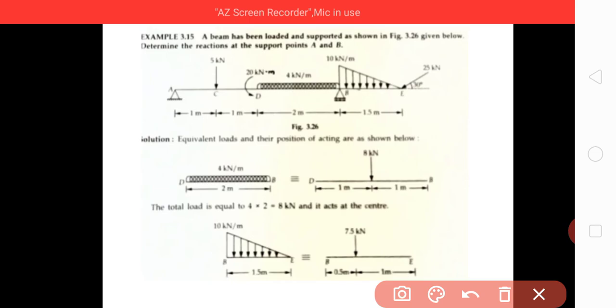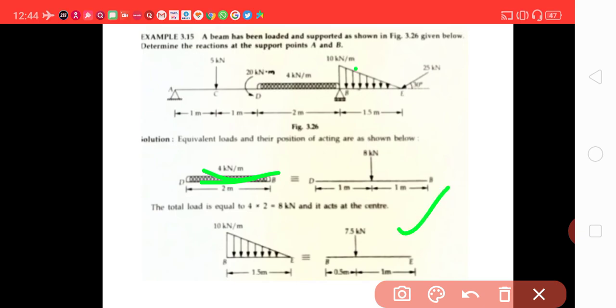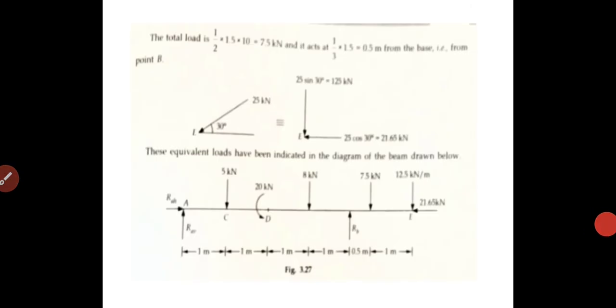Now the total load calculated is 8 kilonewton for this, and this is also 7.5 kilonewton for this load. Now take the case of the load acting at an angle of 30 degree at point E. Resolve this force vertically and horizontally.